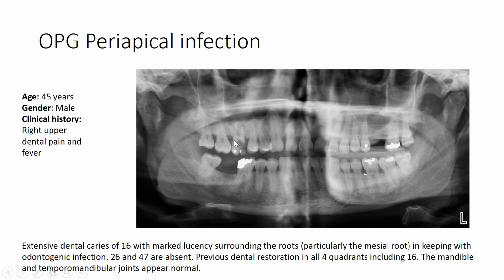So this is the radiolucency here, in keeping with an odontogenic infection. He also reports that 2-6 is absent, and also 4-6 is absent here. Restorations are present in all the quadrants, including 1-6.